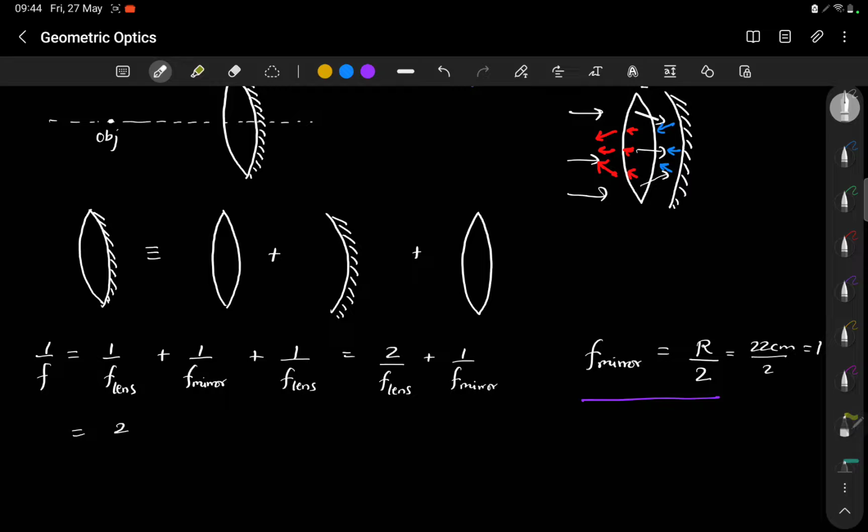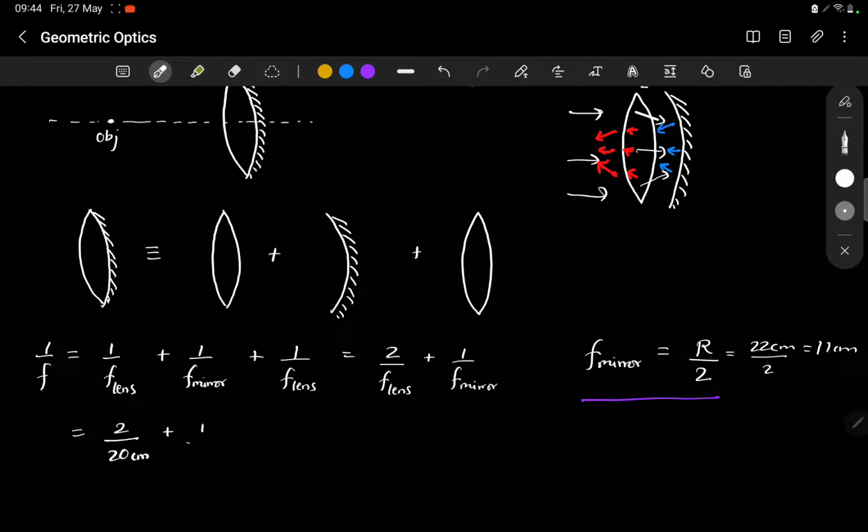So this is 2 divided by 20 centimeters plus 1 divided by 11 centimeters. So we can simplify it.